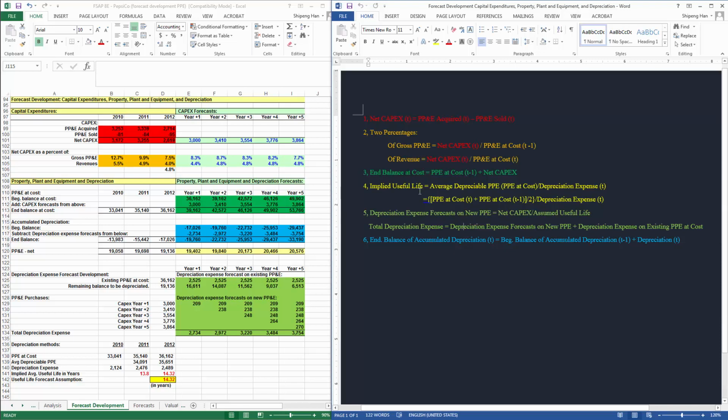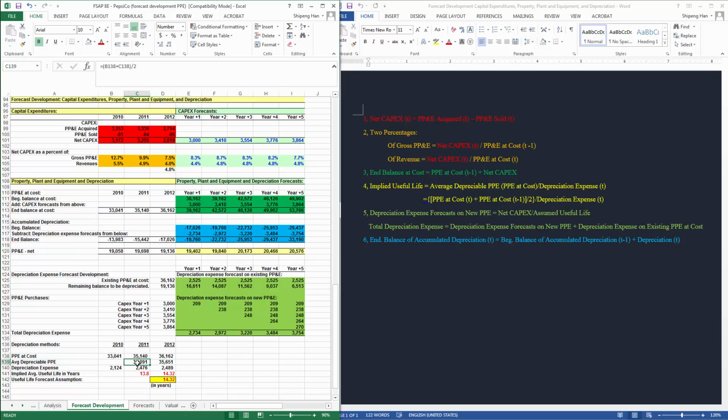We call it implied useful life. Actually, it is in this area. What we do is first this row, it's same as this row, right? So the historical or reported PPE at cost, and we simply assume the residual value of property, plant, equipment is 0, right?